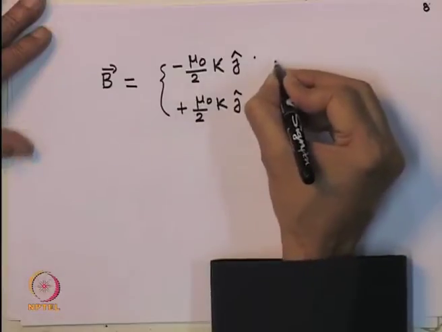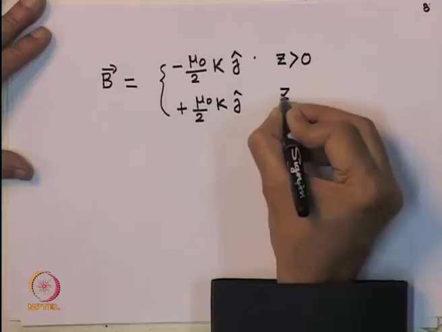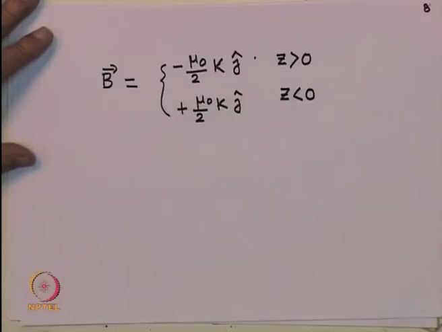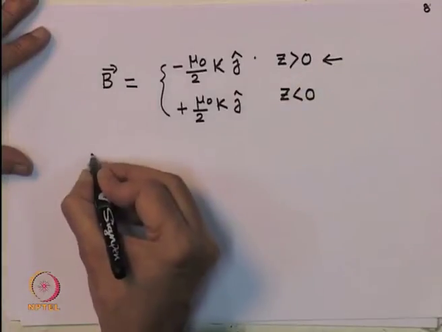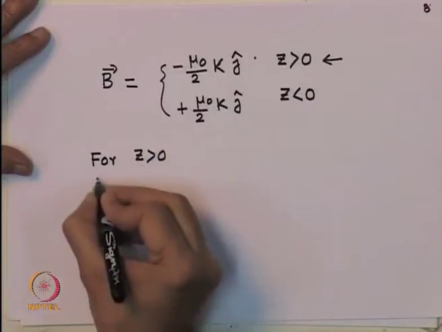This is above the plane, z greater than 0, and this is below the plane, for z less than 0. Now, I need to calculate the magnetic vector potential corresponding to this. So, let me do one of them only. Let me just calculate it for z greater than 0.